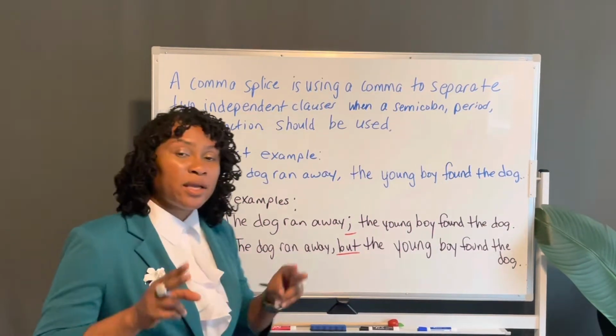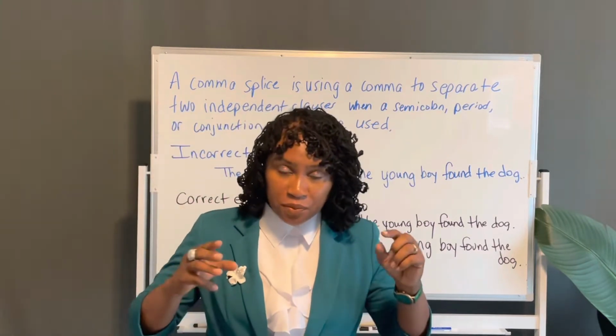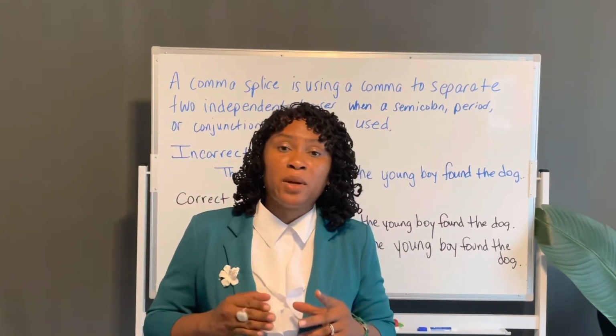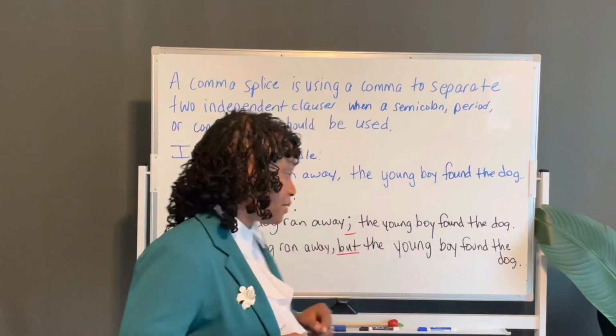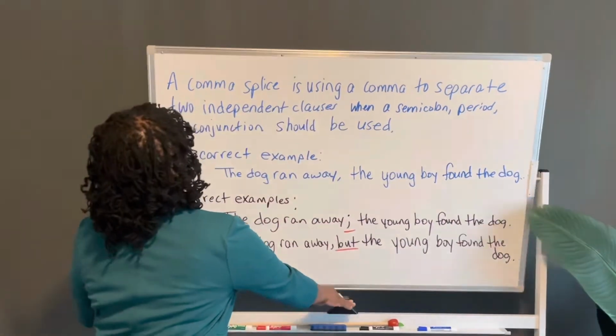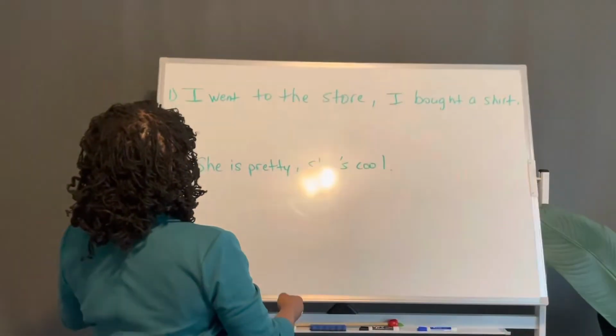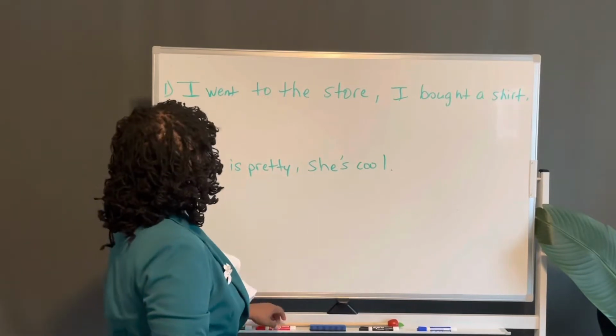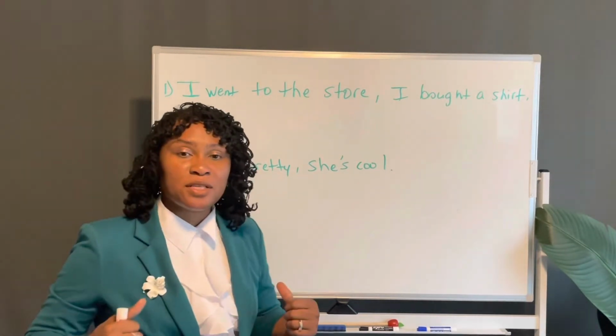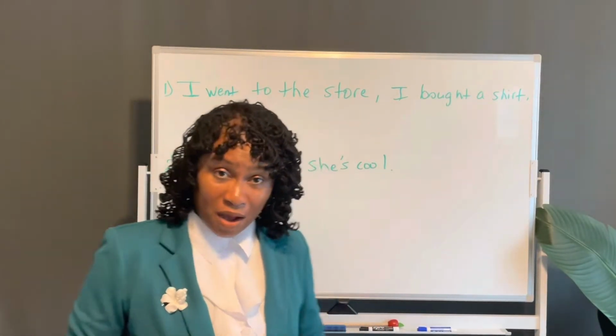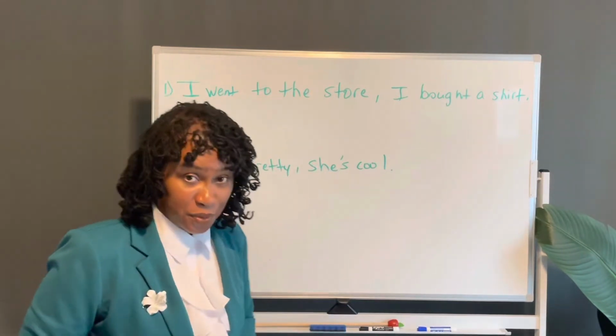All right, so we're going to look at two examples on the board, and we're going to see the many different ways to correct the comma splice. All right, here we are. Now let's look at the first example. It says, I went to the store, comma, I bought a shirt.